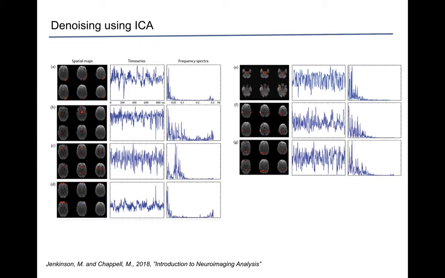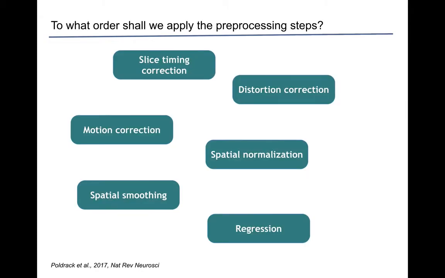You can look at the spatial maps, and also at the time series and the spectrum, collect all that information and then make a decision. But again, it's the expert's decision to either keep or remove each component.